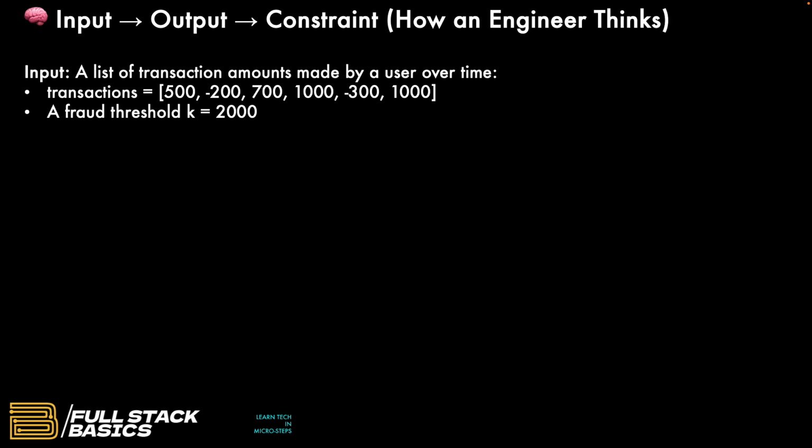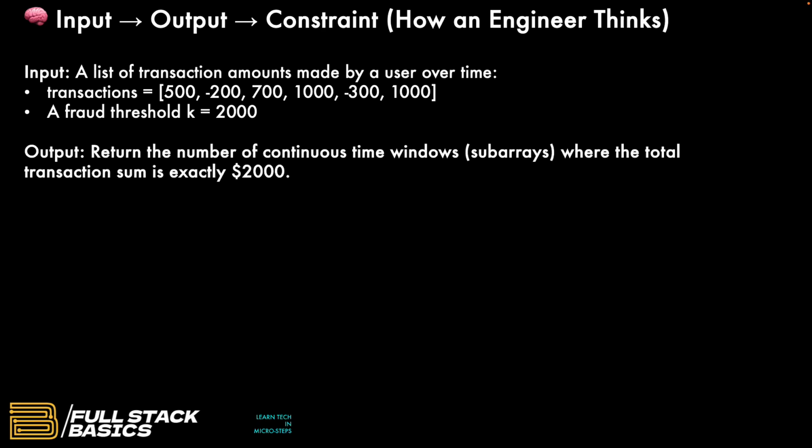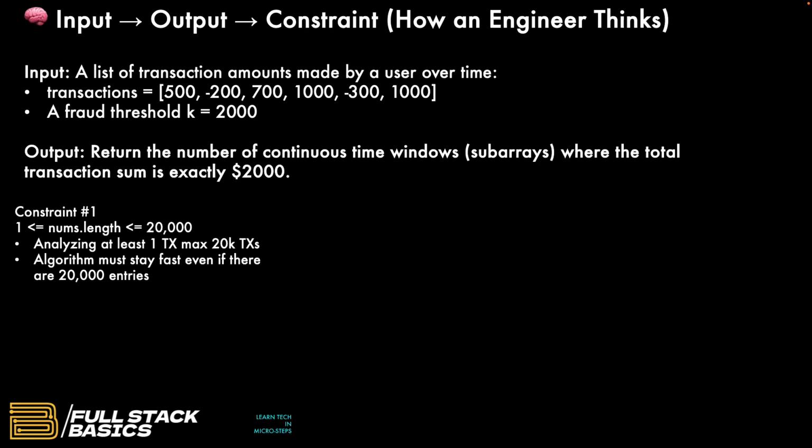Now, in that specific window of time, we have a fraud threshold of $2,000. The output that we're looking for is that you're going to return the number of continuous time windows, or subarrays, where the total transaction sum is exactly $2,000.